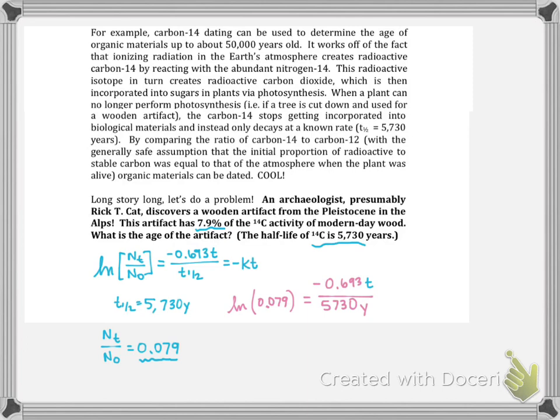And so then we can multiply over by the half-life, and then we can divide by negative 0.693. And we get that our piece of wood is 2.1 times 10 to the 5th years old. So 200,000 years old.